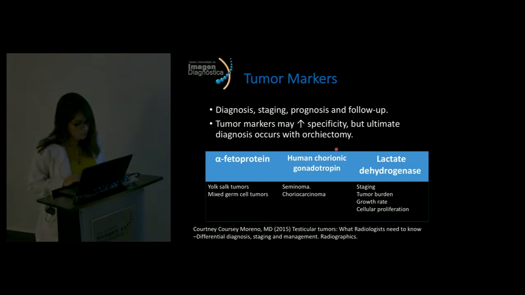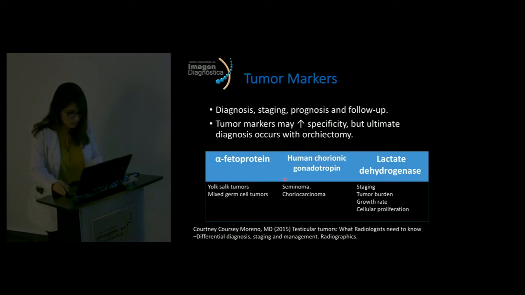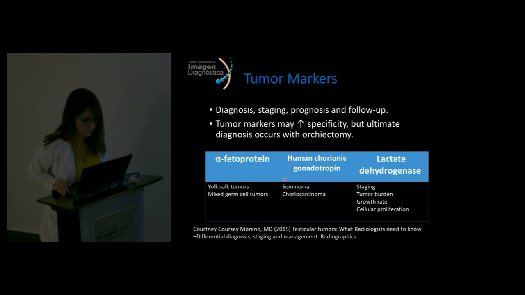The human chorionic gonadotropin is usually involved with seminoma and choriocarcinoma, and the lactate dehydrogenase is not specific, but it correlates with the bulk of the disease, and it is used majorly in staging, and it's a marker of tumor burden. And as I said, it can help us to study the growth rate and the cellular proliferation of the tumor.